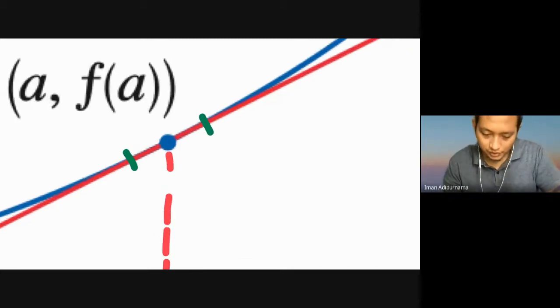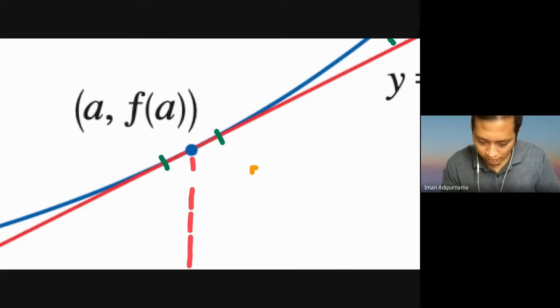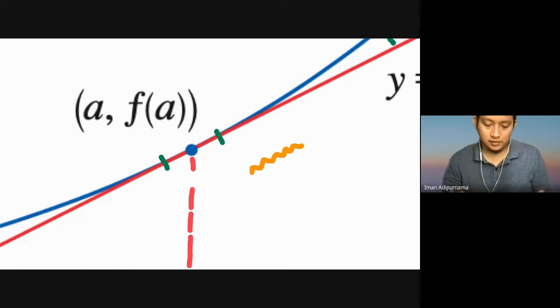Because you see there is some pixelation. Because of the limitations of the pixels, we may notice that there's no gap in between the curve and the tangent line.